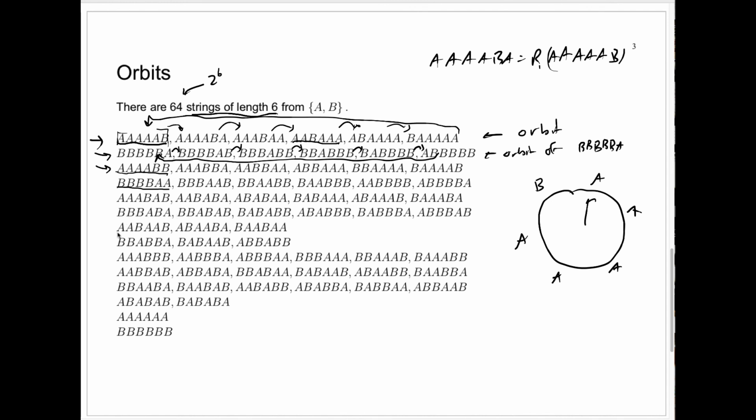But now look at this string, AABAAB. When I rotate that by 1 unit, apply R1 to that, I get ABAABA. I rotate it again by 1 unit, I get BAABAA. But then I rotate by 1 more unit, I get back where I started. This is an orbit of length 3.